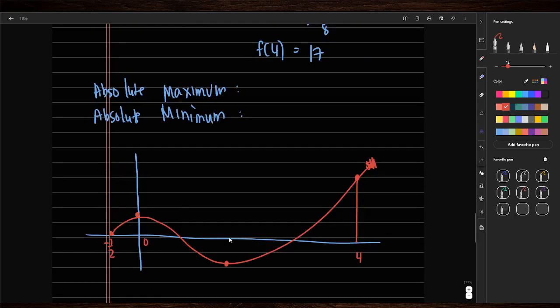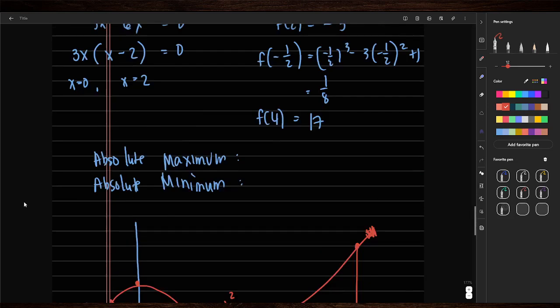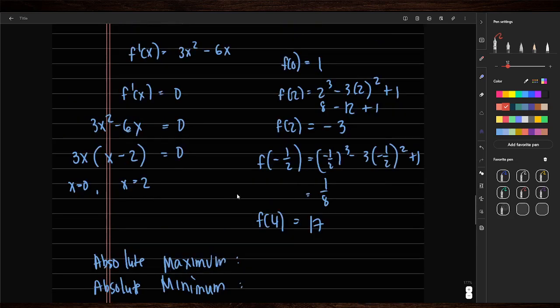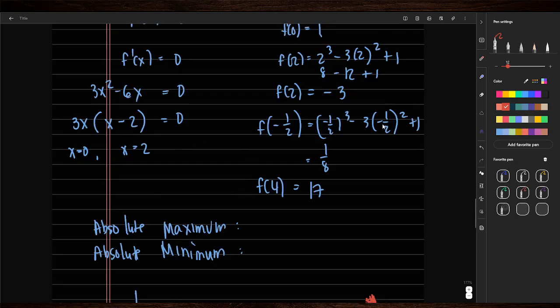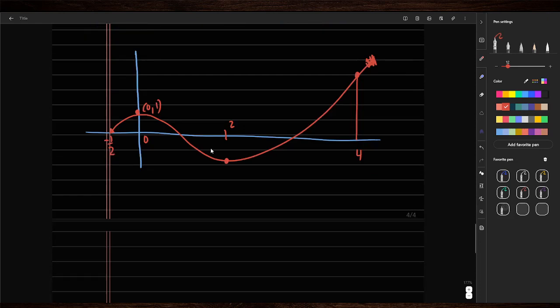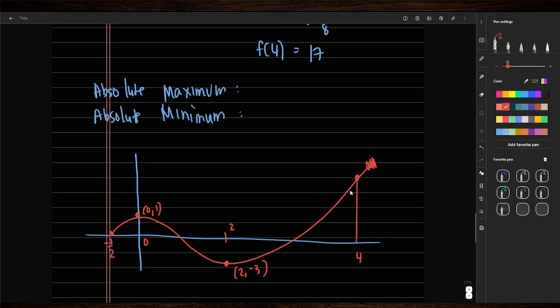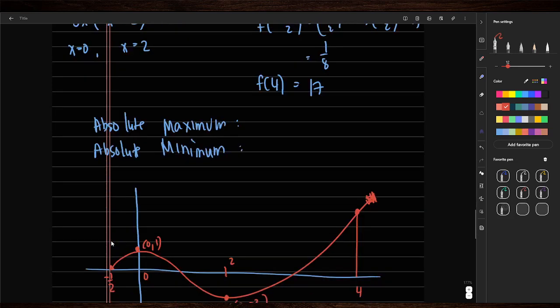So this is 0, this part here is 2, and when we substitute the values of our critical numbers, at 0 this is 1, so this is (0, 1), and at 2 this is negative 3, so that is (2, -3). And for the values of your intervals, at negative 1/2 this is 1/8, and at 4 this is 17.